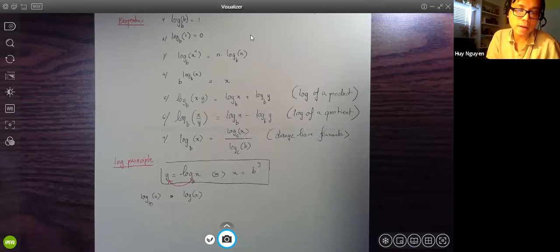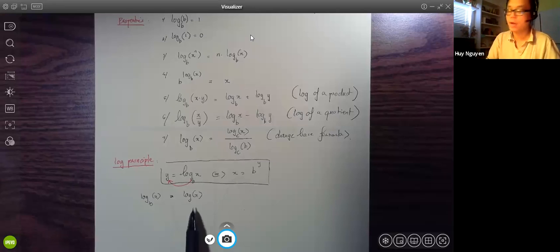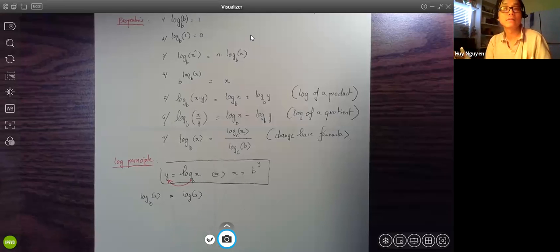So if the base is 10, you can write it as log x only. If you see something like this, you know right away that it is base 10. If you don't see the base, it means base 10. Other than that, all logs must have the base.